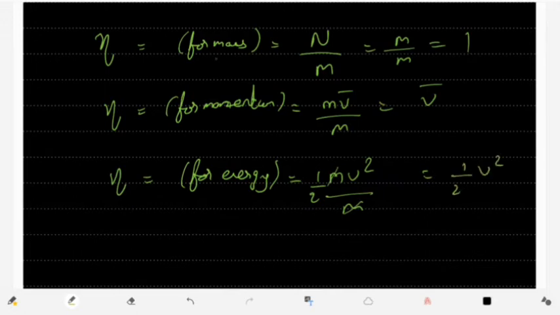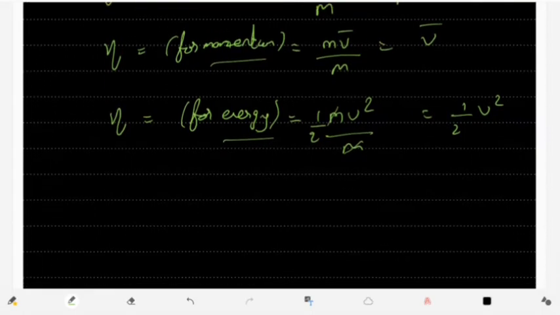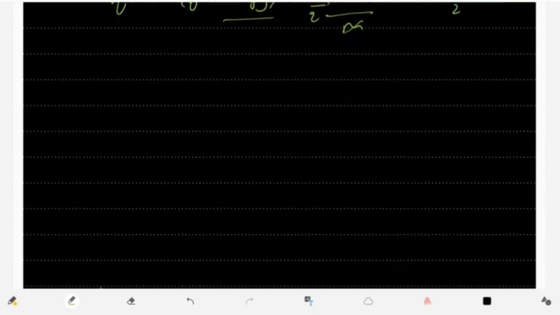These are the eta values for mass, momentum and energy. We should know them.